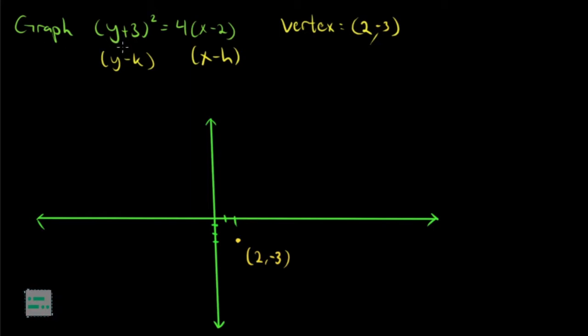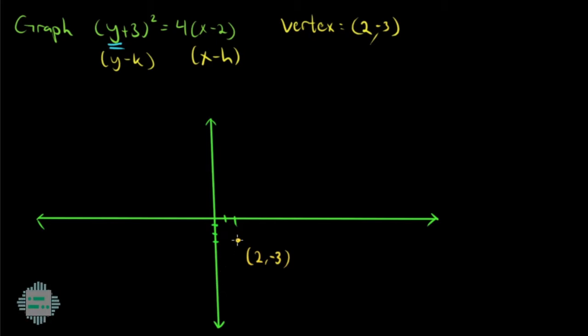Gamit tayo ibang kulay. Yan, variable y ang naka-raise sa 2. At kagaya na napag-usapan natin sa previous video natin, kapag si y ang naka-raise sa 2, yung iyong axis of symmetry, yung line na humahati sa parabola mo will be perpendicular to the y-axis. Sa ganung paraan ko siya tinatandaan. So, yung y-axis mo ito, perpendicular dyan at dadaan sa vertex.